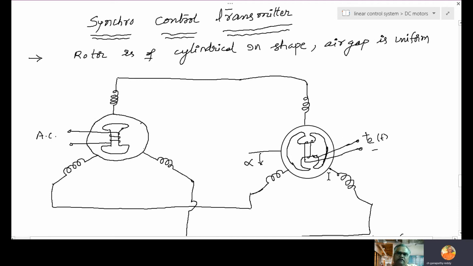Here the rotor is cylindrical in shape, the air gap is uniform, and the structure is the same. Previously we discussed the dumbbell shape, whereas in the control transmitter the air gap is uniform. Here the AC signal is applied to the rotor, and from this rotor we get the signal. This is e(t), called the error signal.